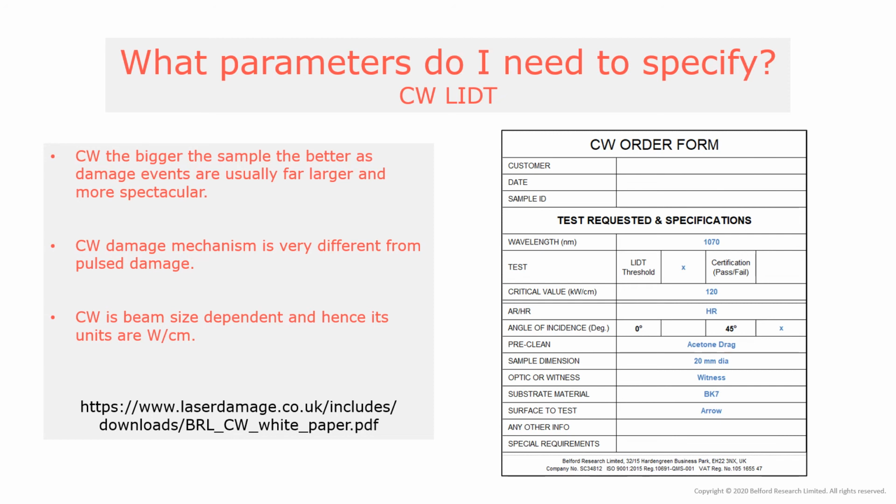Our website gives a detailed account of what's involved, including the test units, which are different from pulsed. Each CW test report gives the end user a ready reckoner, as unlike pulsed, CW damage is dependent on beam size. Our white paper is in May's edition of Electro-Optics magazine, so if you missed it, see our website. The link is given here.